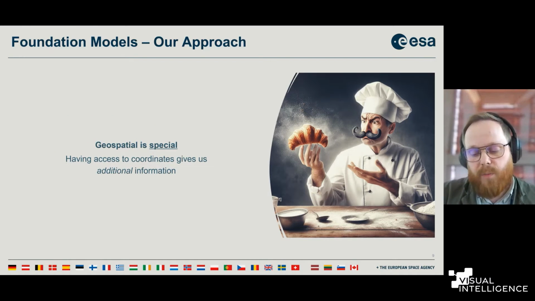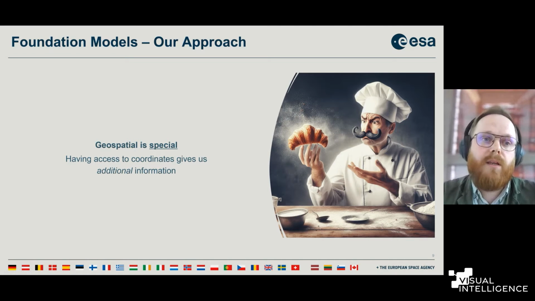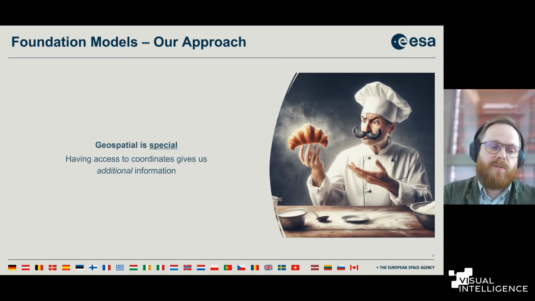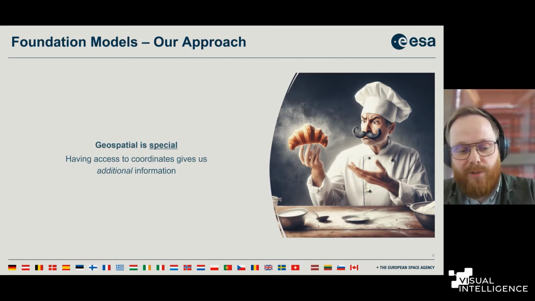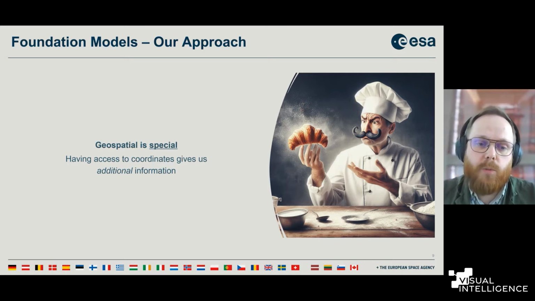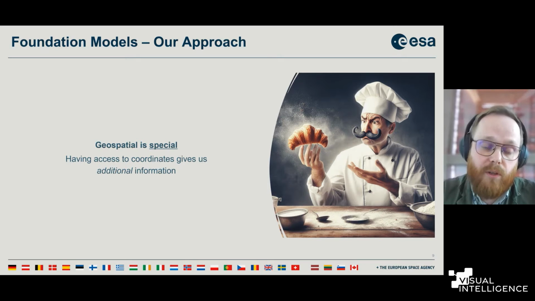But similar to a lot of these models I just mentioned, especially the more traditional ways of doing masking, we wanted to investigate if we couldn't do better or differently in the Phi-Lab, because geospatial is special in the sense that an image is not just an image. We know where an image is taken, and it's a physical representation of what is going on the ground.